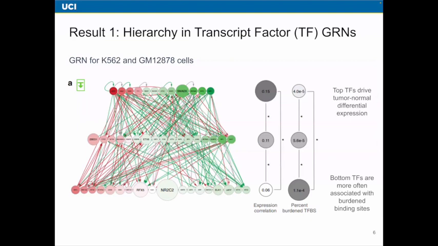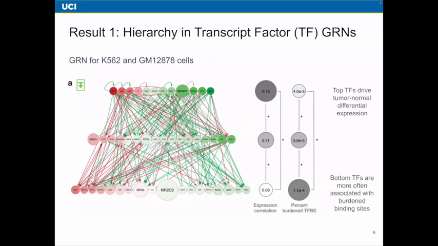Before we dive into our findings, let's quickly define TF GRNs. Transcription factor gene regulatory networks are complex systems where transcription factors interact to regulate gene expression. Now focusing on our results, we see a distinct hierarchy in this network with two cell lines, K562 and GM12878 cells.